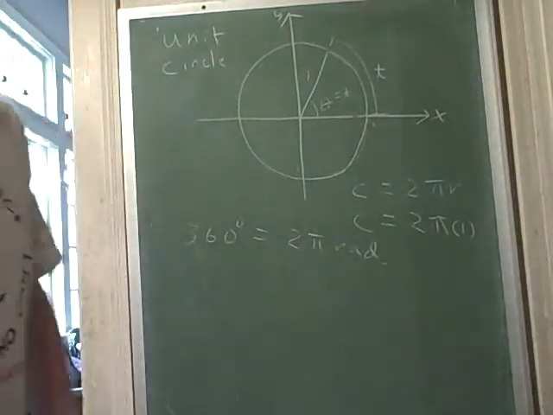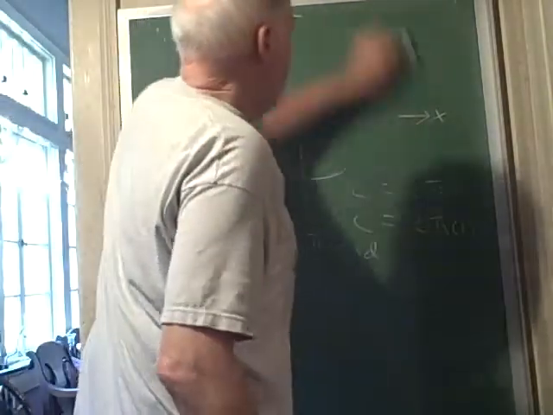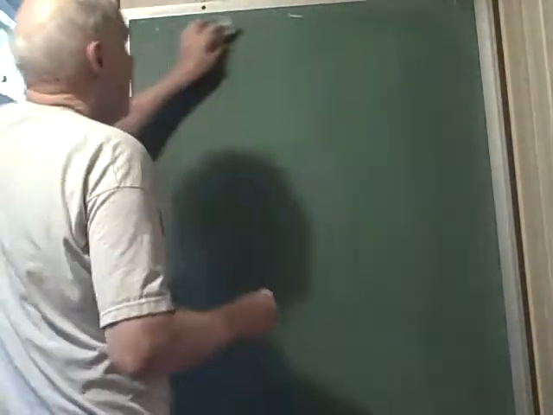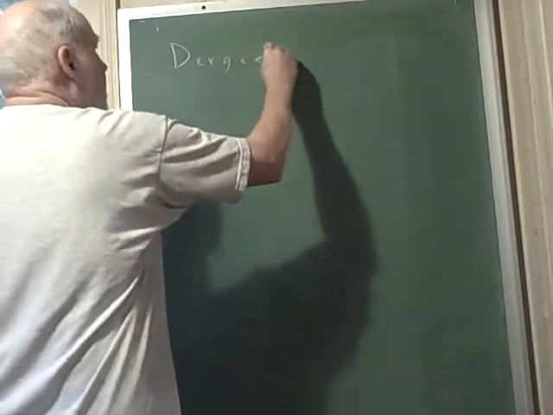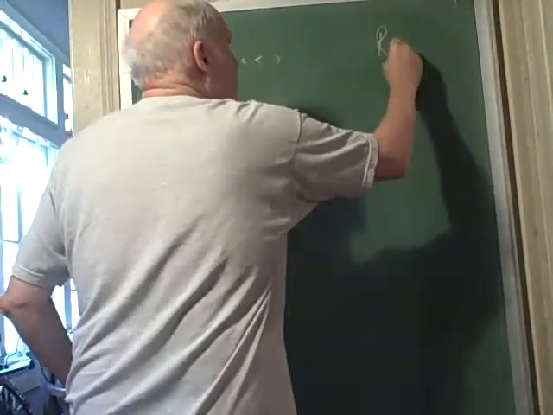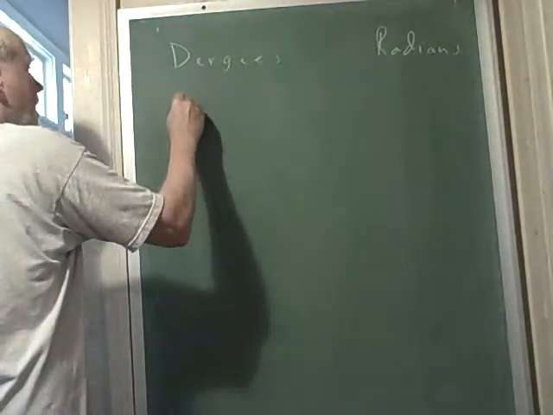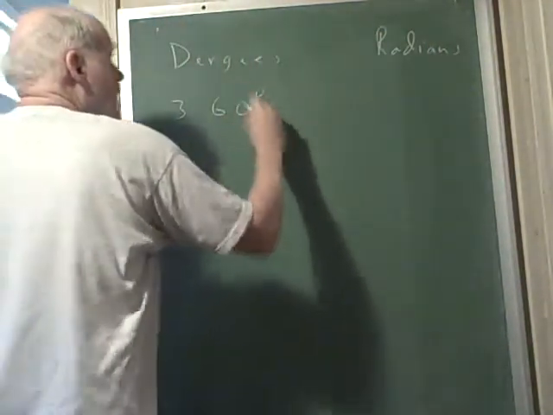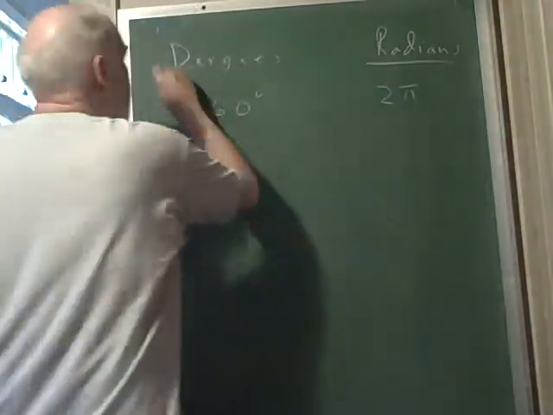Now I'm going to erase the circle so I'll have some room. And here's how we're going to set this whole thing up. We're going to start out with degrees here and radians over here. If I take 360 degrees, I'm going to have 2 pi radians.